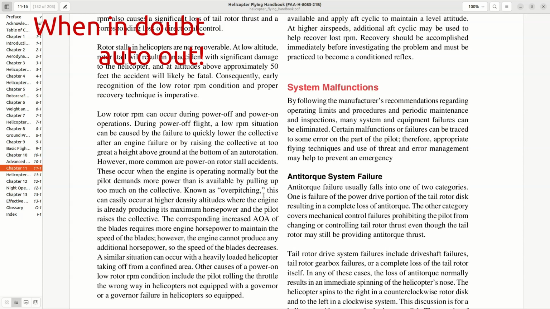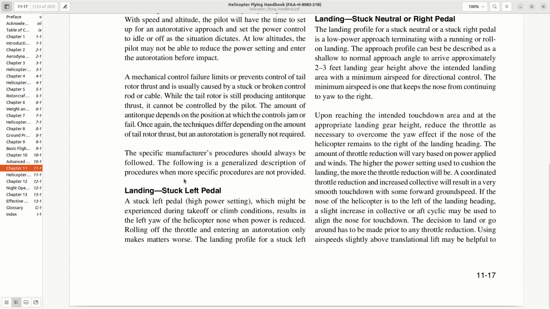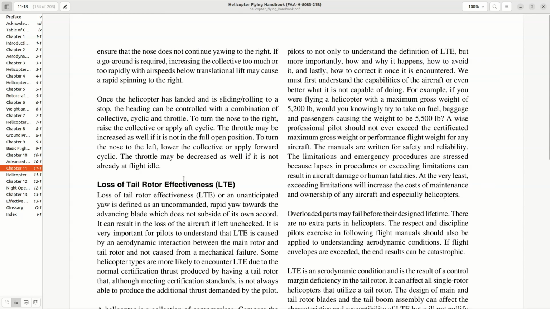If you're in an autorotation, there is no torque. So you might be able to control the yawing motion or the spinning, if you will, if you enter an autorotation. Now, if you're landing with a stuck pedal, then you might want to consider something like a run-on landing.